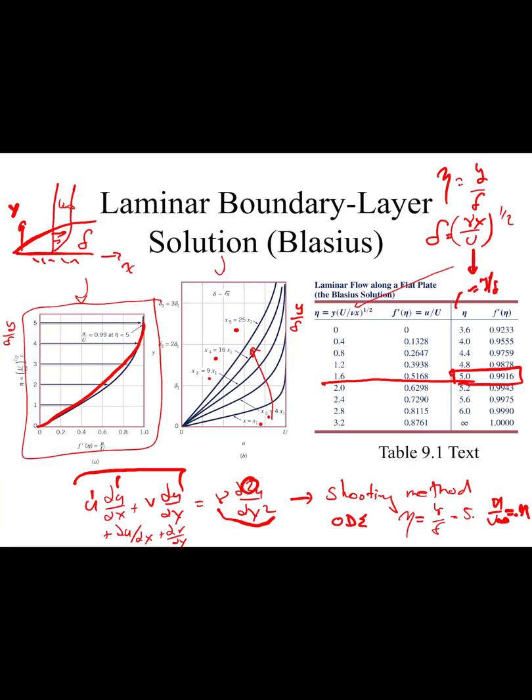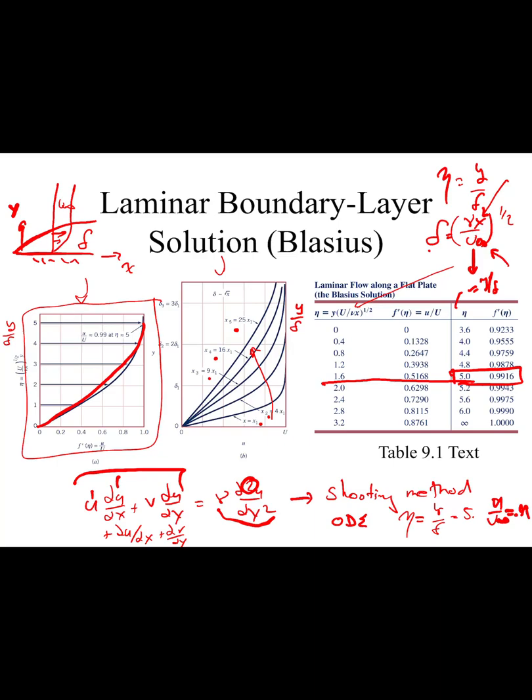And so we can actually plug in the values. If you have a specific value of x that you're looking at, and a specific u infinity, you put that in. So you say, okay, my free stream velocity is 5 meters per second, and I'm 3 meters down the length of my plate. Then I now know what delta is, and so I can compute the profile y over delta for a specific location downstream.